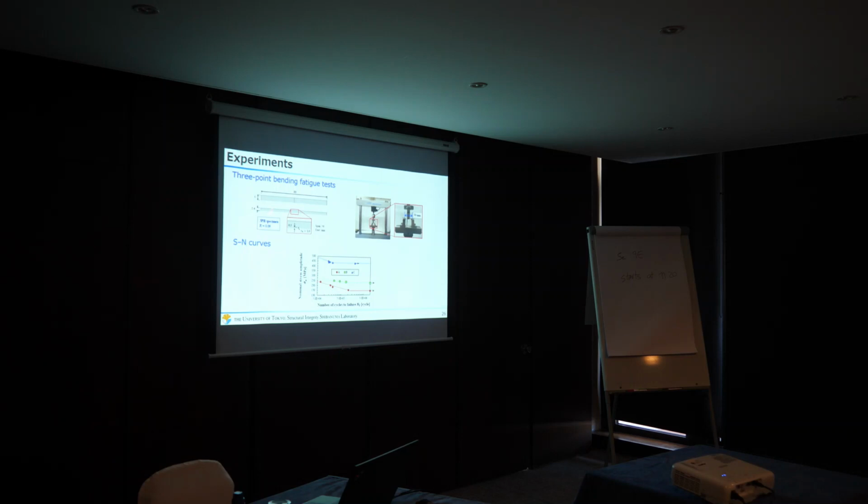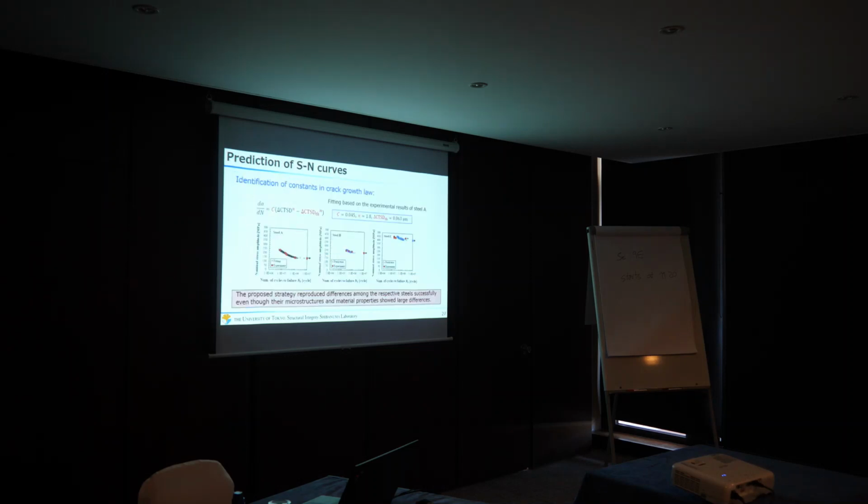Okay, and this figure shows the configuration of the specimen. And this is the setup of our three-point bending test. And we obtain the SN curve from the experiment. And we identify the constant in the crack growth law by using steel A, and these two results are our prediction results.